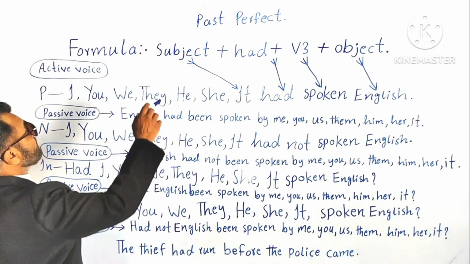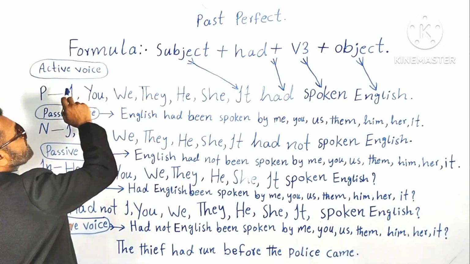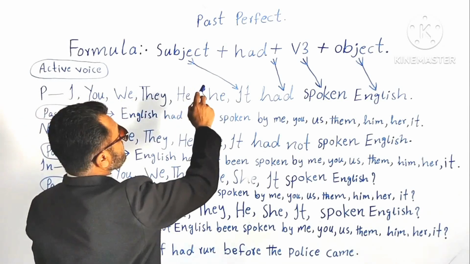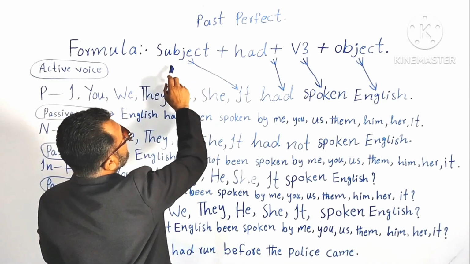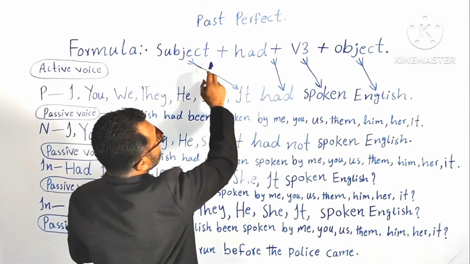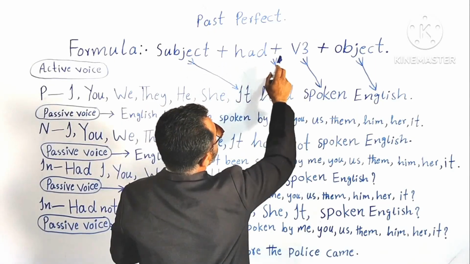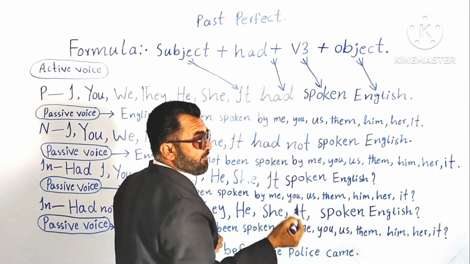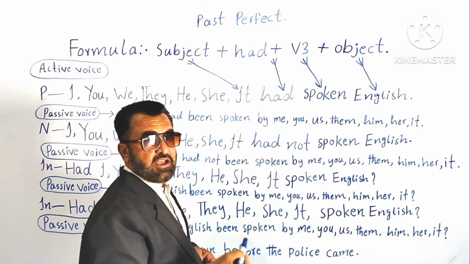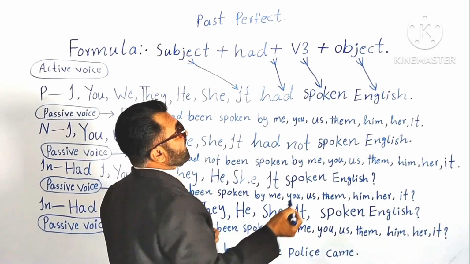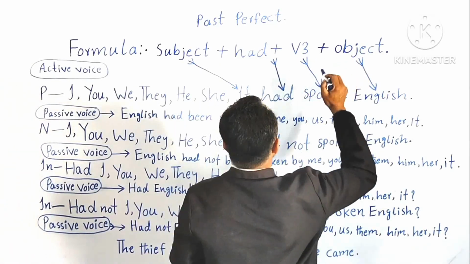Now look at the formula for the active voice. This is active voice. Understood? The formula is subject plus helping verb plus V3, the third form of the verb or past participle, plus object.